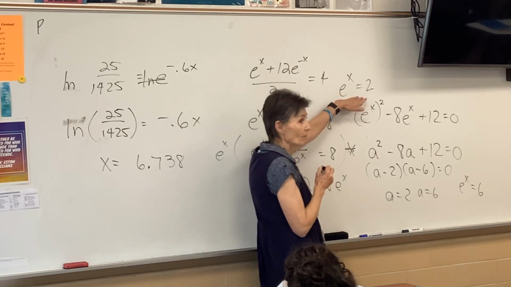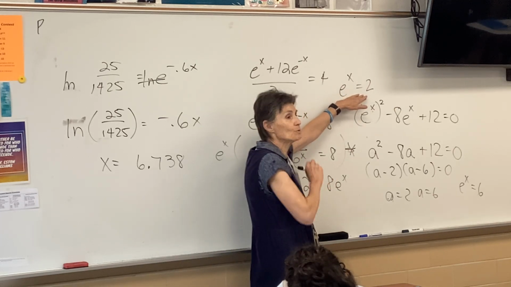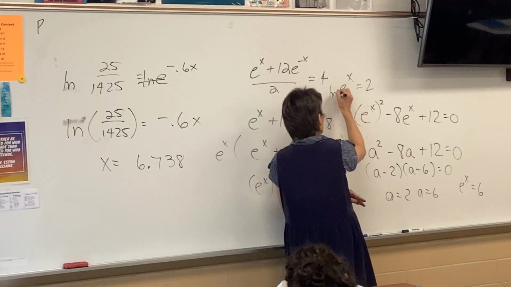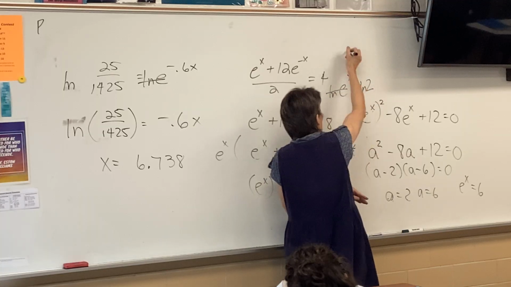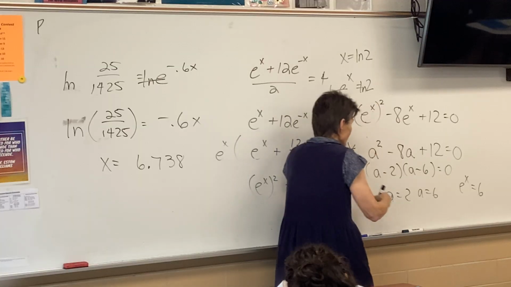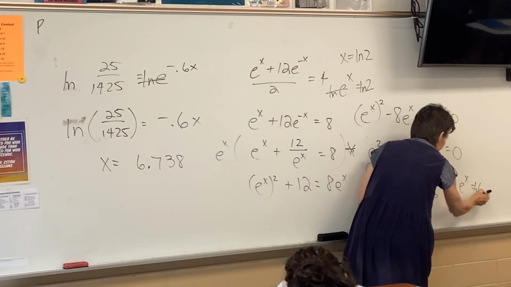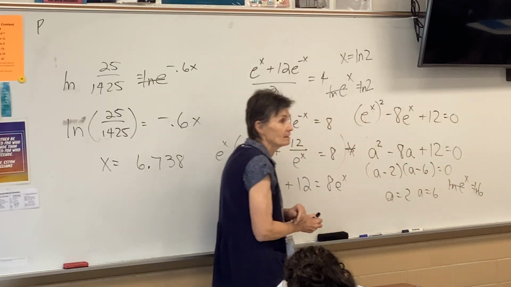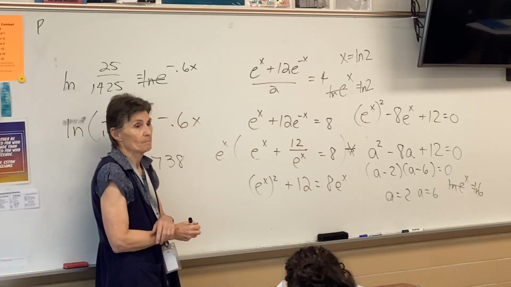And then how do you solve that? Now you use your logarithm. So you ln both sides. So x equals ln 2, whatever that is, and then x equals ln 6.